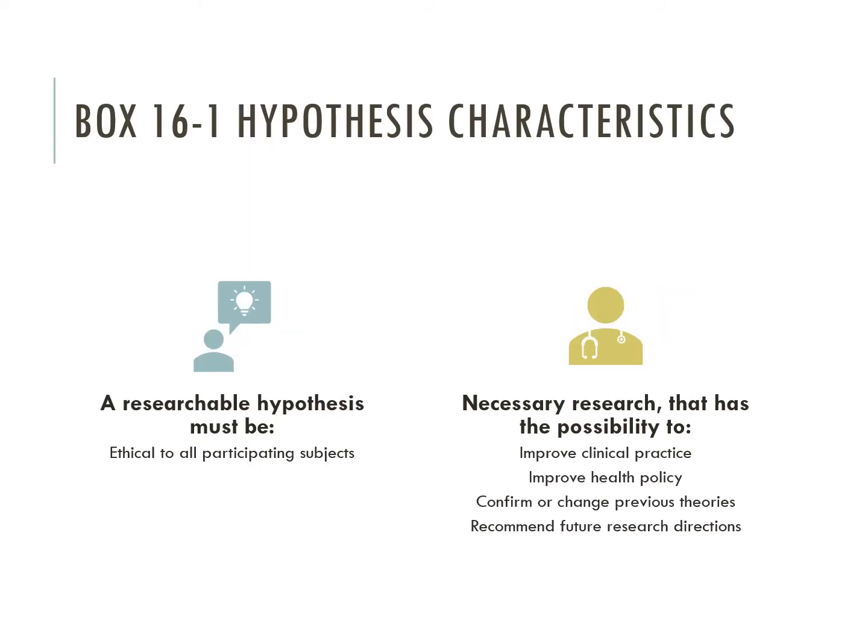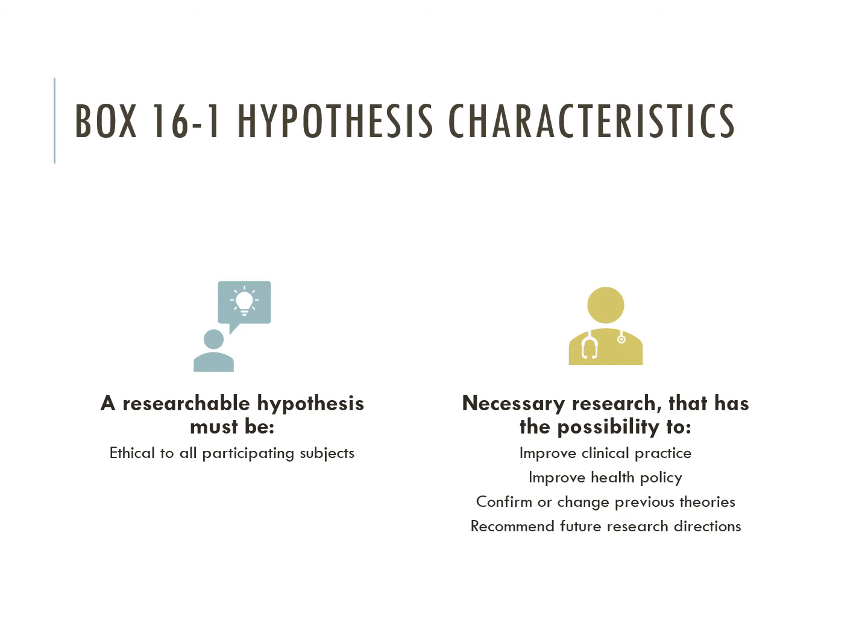All right, and then, so moving on past some of those studies, we get to page 202. This is box 16-1, and this is on page 196 at the bottom. This just looks at the types of characteristics that your research has to fall into. So any research hypothesis has to be ethical. We can't say, hey, I'd like to research how people feel when I cut off their arm, right?